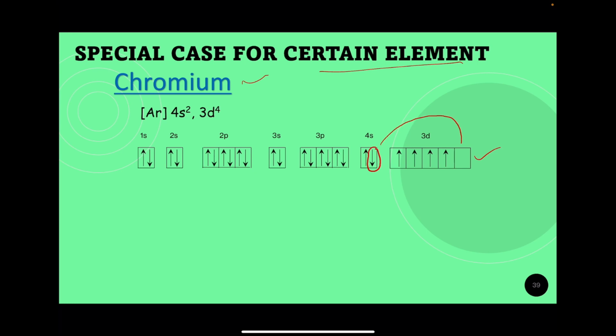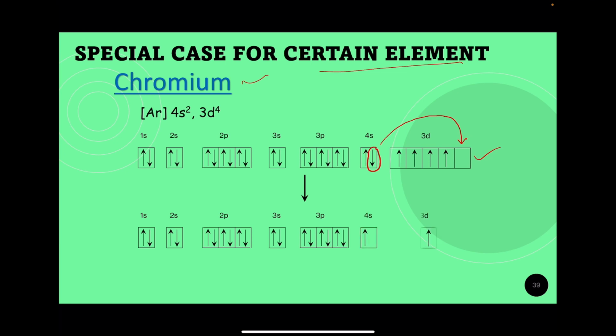However, in the special case for chromium, one electron from the 4s2 will rearrange itself and give the electron to the 3d orbital. So when the rearrangement occurs in the 4s and 3d orbitals, you will get the orbital diagram for chromium like this: 4s1 and 3d5.